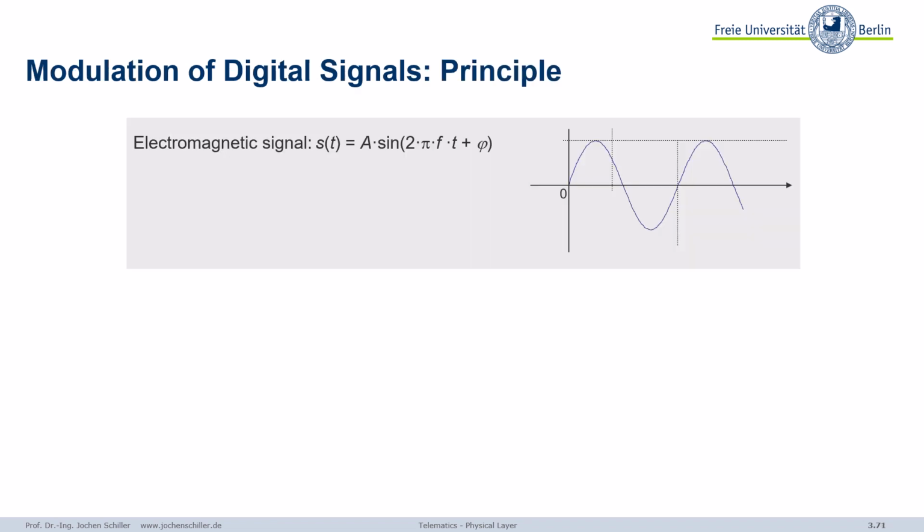So let's have a closer look into a signal again. In this case, a sine wave. And this sine wave has a certain amplitude A shown here, that gives you how strong the signal is, a certain frequency, so that's the frequency or duration of one oscillation, one period. And we already learned something about the phase.